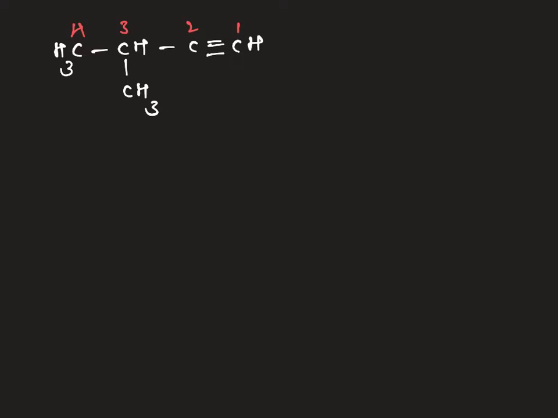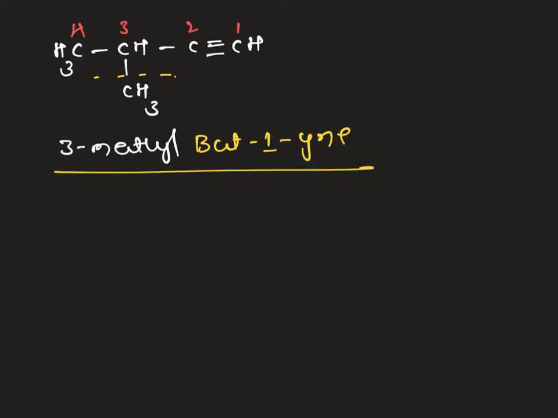A methyl substitution is there, attached at the third carbon, 3-methyl. Okay, this part is completed. Next, what is the chain length? But. And where is the position of the triple bond? First position, but-1-yne. And this is the way we have to write a systematic nomenclature for alkynes.